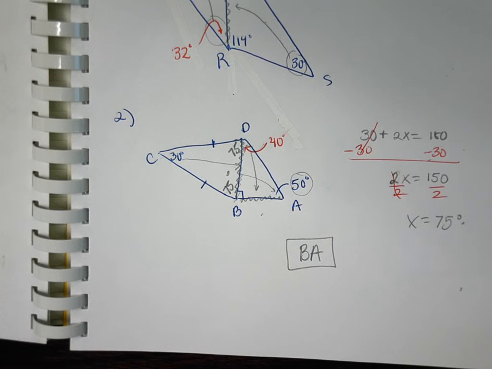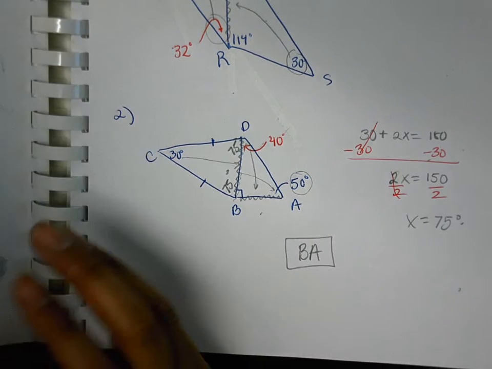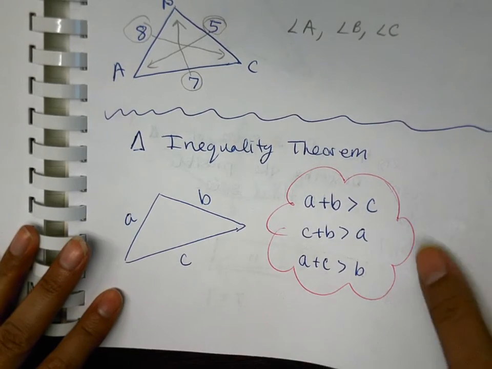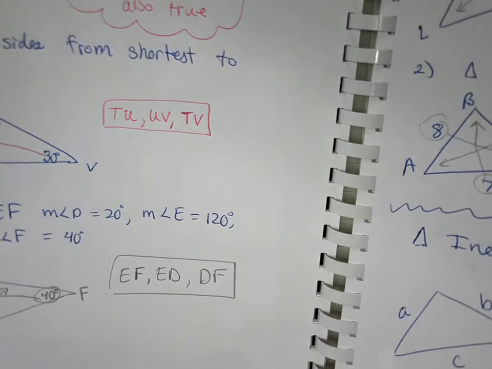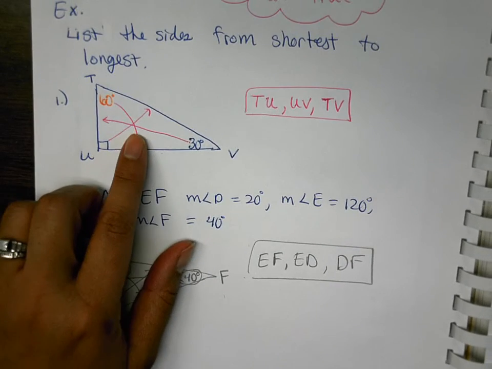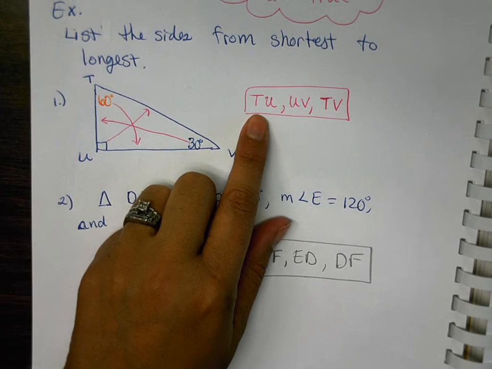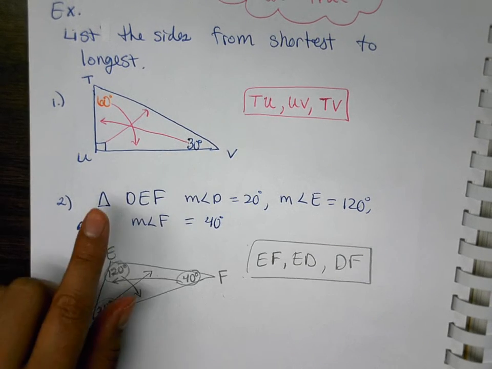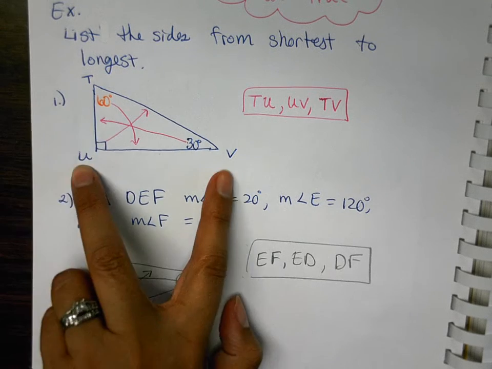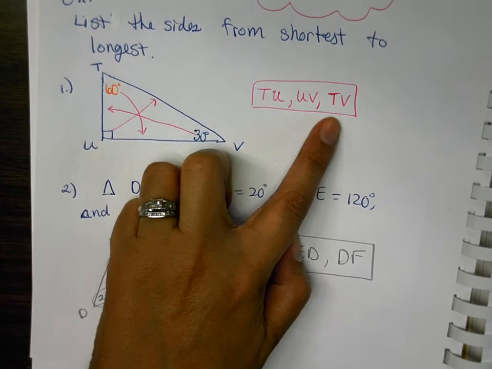Any questions? Yeah, why do you find the smallest? Because we learned last week that they correspond. List the sides from shortest to longest. So here, were you here last week on Friday? Oh, yeah. So the smallest angle was 30, so TU was the shortest. 60 was the middle, so UV is the middle. 90 is the largest, so TV is the largest, or longest.